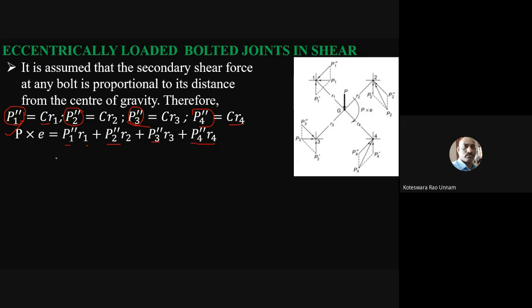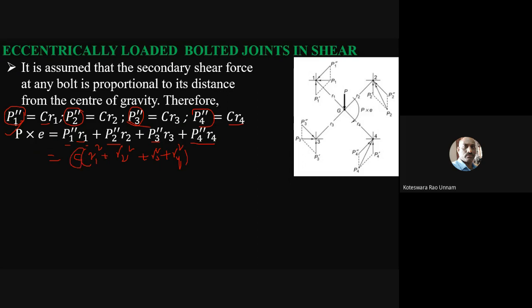Then, if I do that, what do I get? C is there in all the terms, so I can take C common. Then what I'll have is R1 square plus R2 square plus R3 square plus R4 square only. From this, I can calculate the C value first.